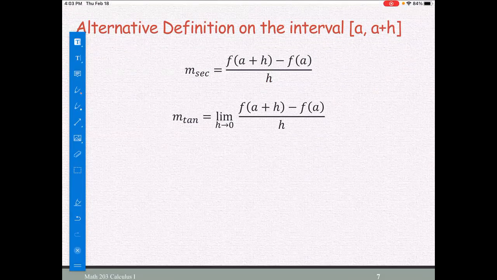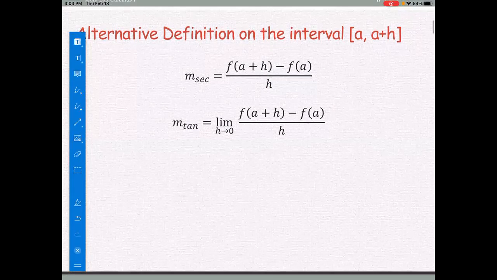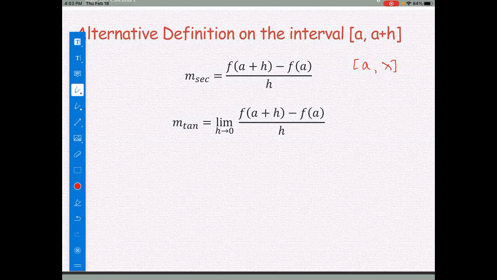Alternative definitions on the interval from a to a plus h. Comparing to the ordered pair at the point a and at the point x, where x is a plus h.